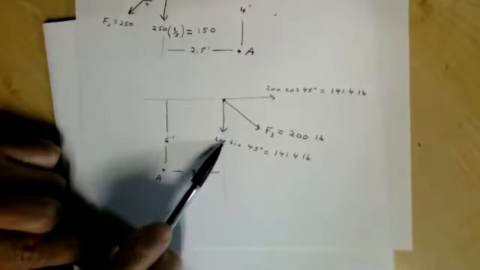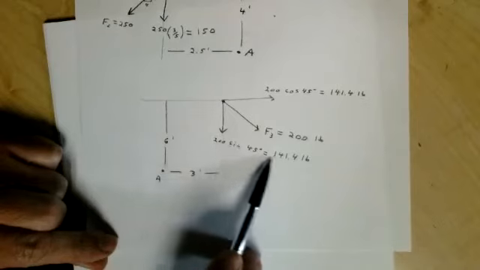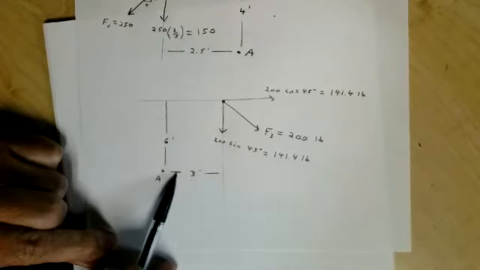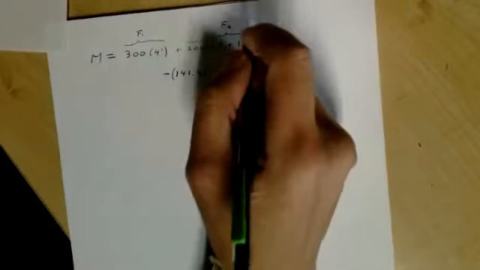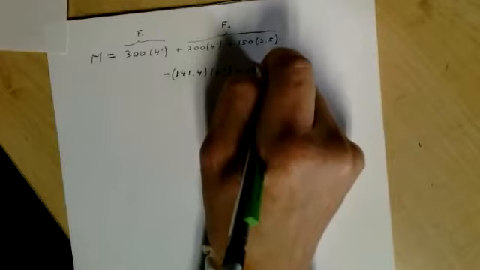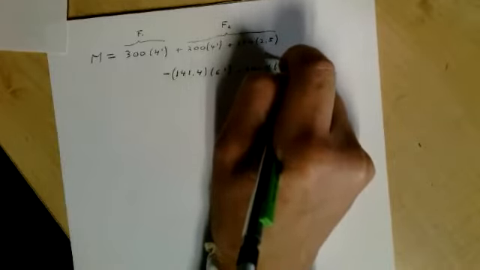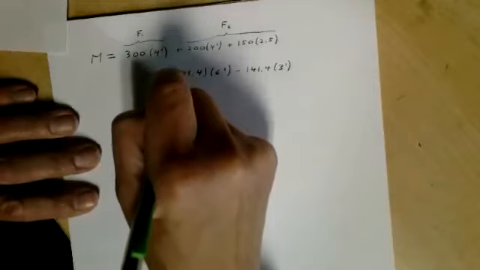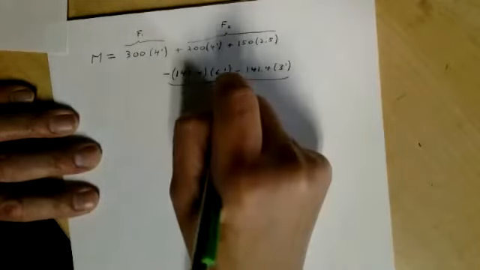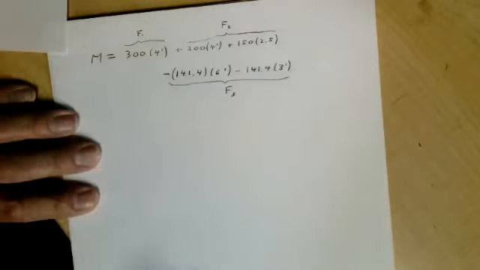And then this component here was 141 also. That's also going to be clockwise, but this is at 3 feet. And that was for F3.